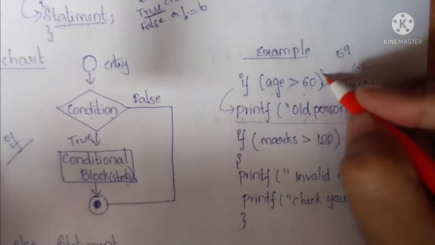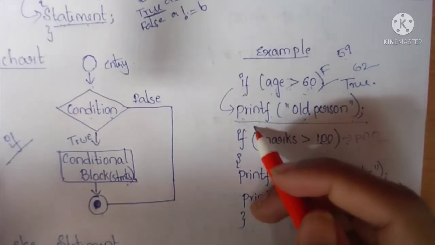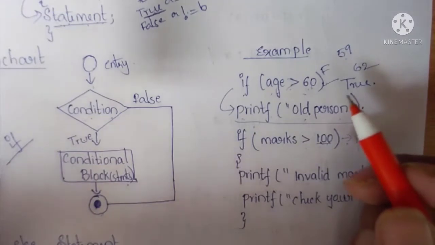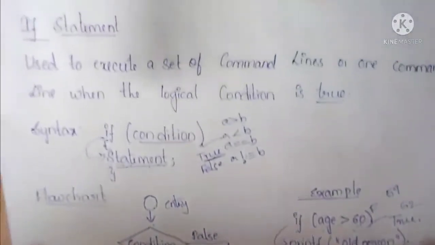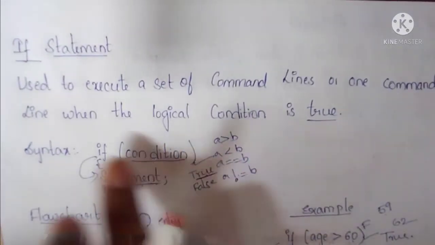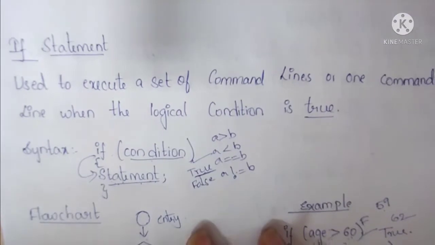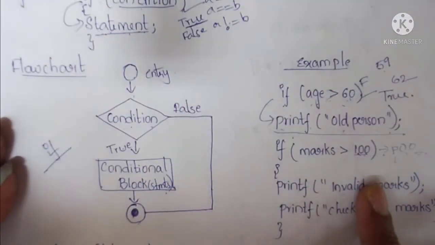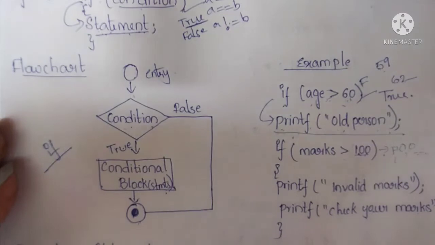No, the condition is false. Then it will come out of the loop, that is, it will terminate the loop. Okay, this is all about the if statement: the definition, syntax, flowchart and example. Next we will see in decision making, the second type, the if else statement.